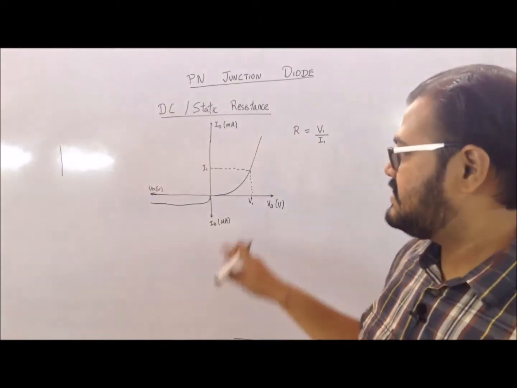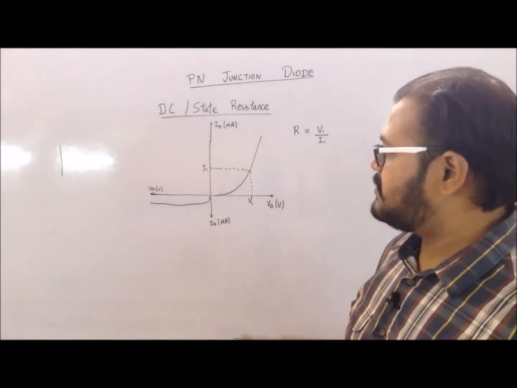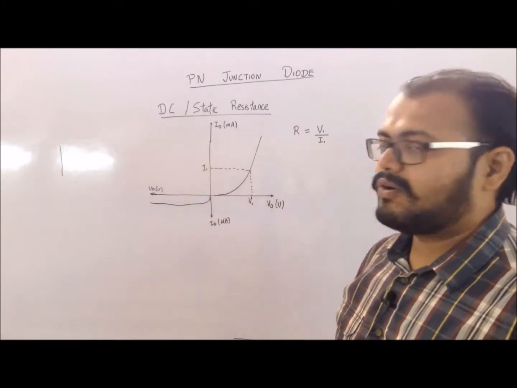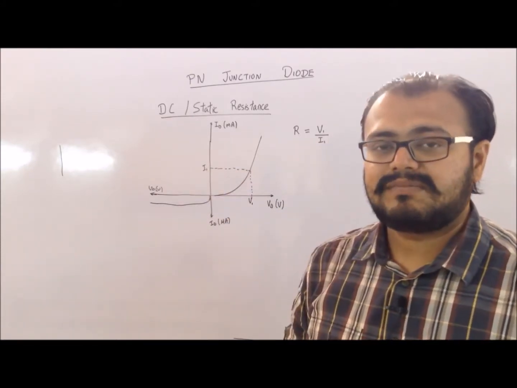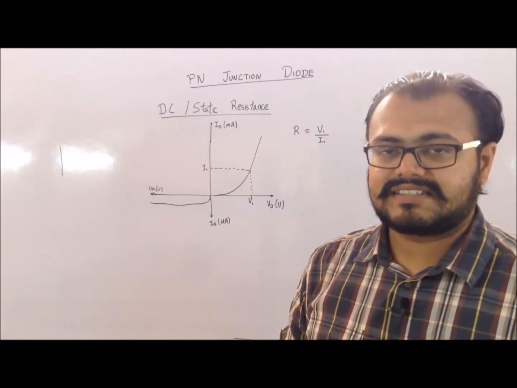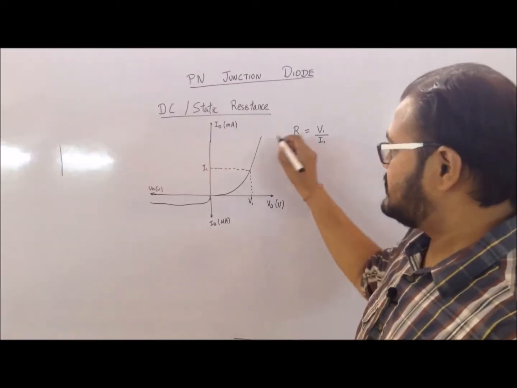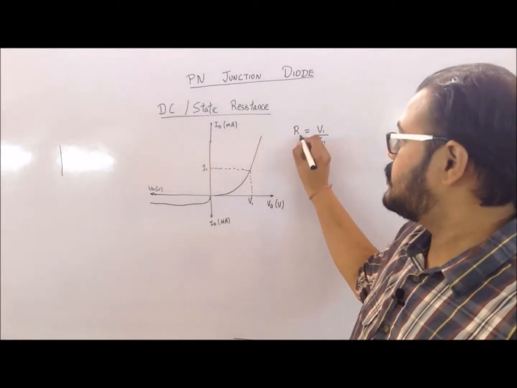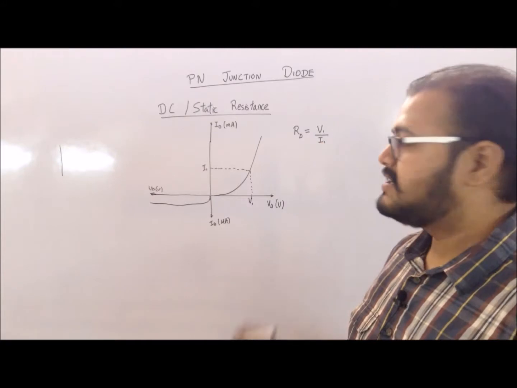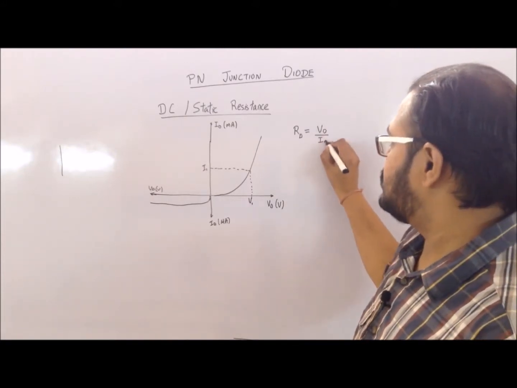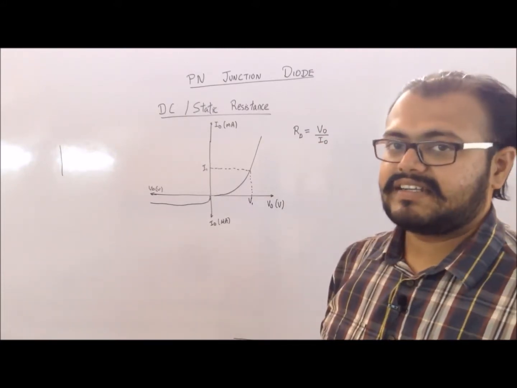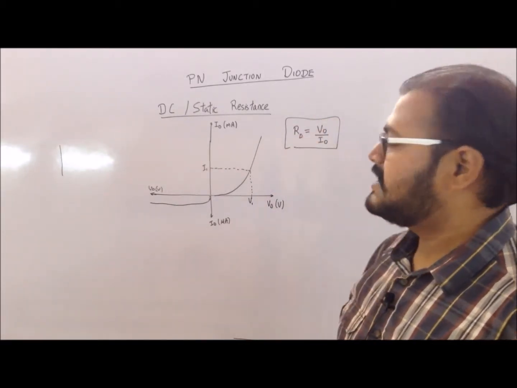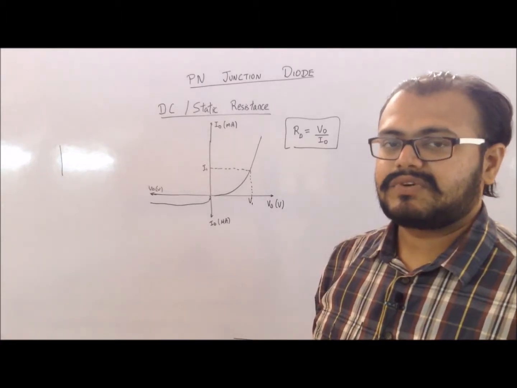As you can see, depending on my operating point, as my voltage increases, my current will accordingly increase, and so will the changes in the resistance observed. This DC resistance is denoted by RD, and the voltage and current being used are VD and ID. So this becomes my basic formula for the DC or static resistance of a diode.